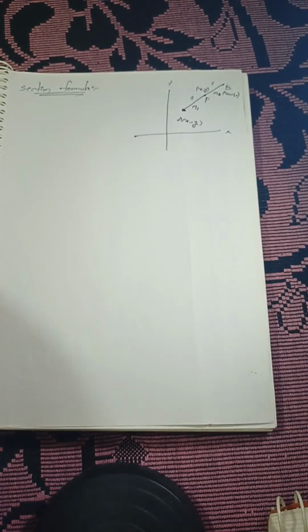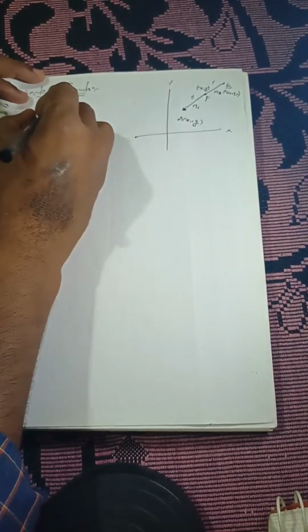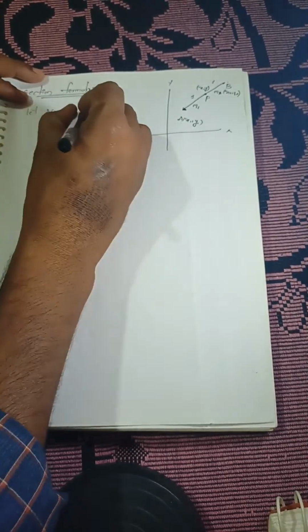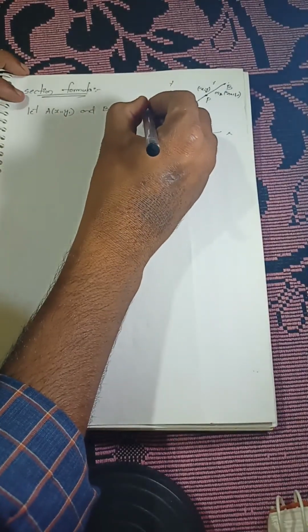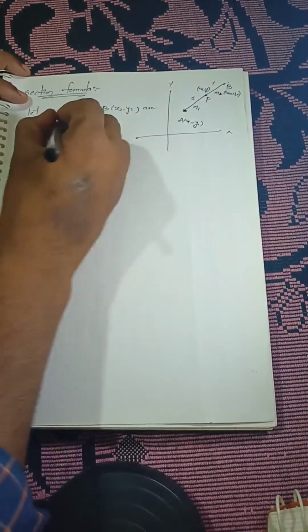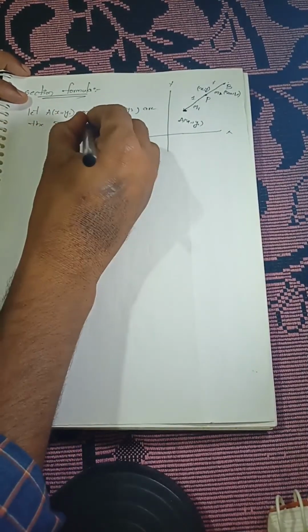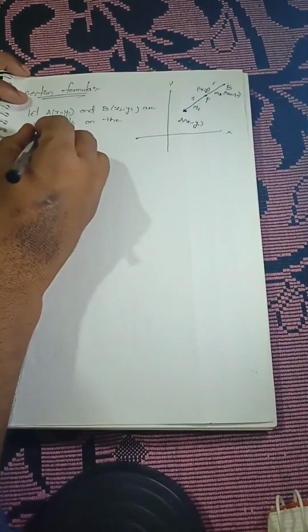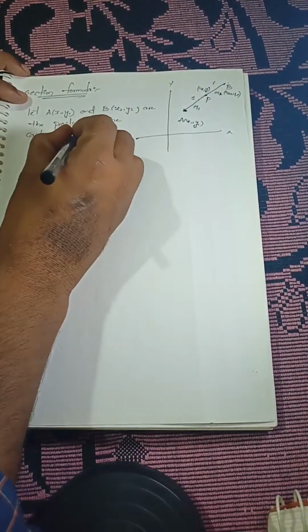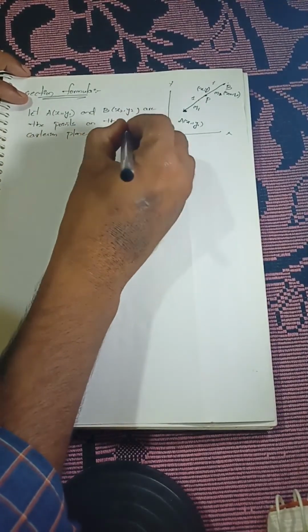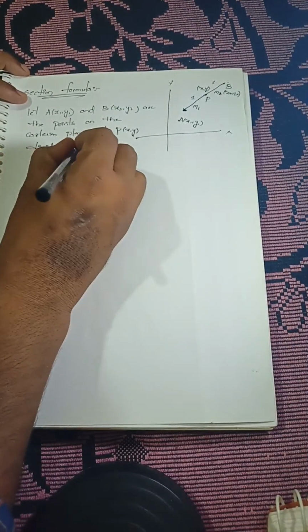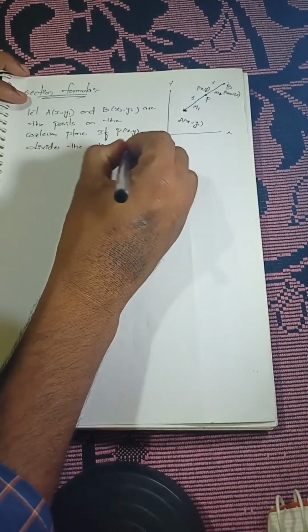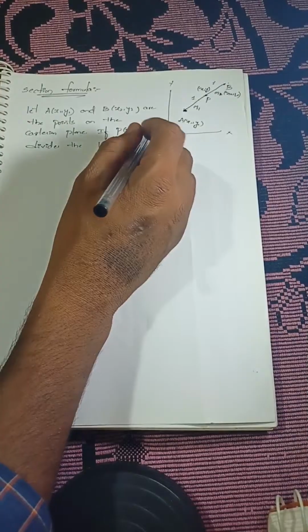Now I am going to write the formula. Let A point x1 comma y1 and B point x2 comma y2 be the points on the Cartesian plane. If a point P x comma y divides the line segment, why are we calling it a line segment? Because the distance from point A to point B is fixed.